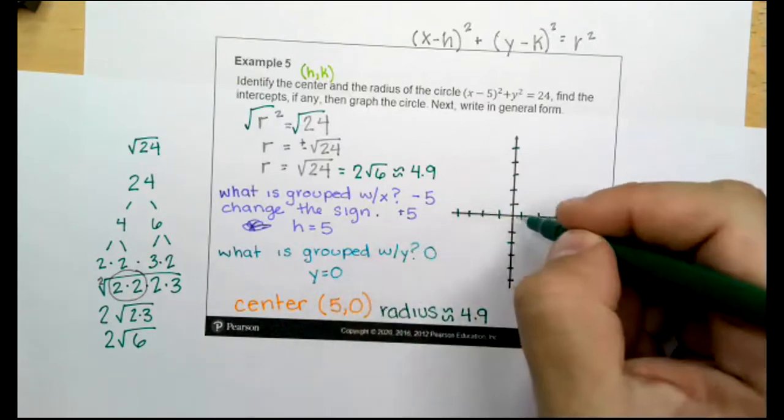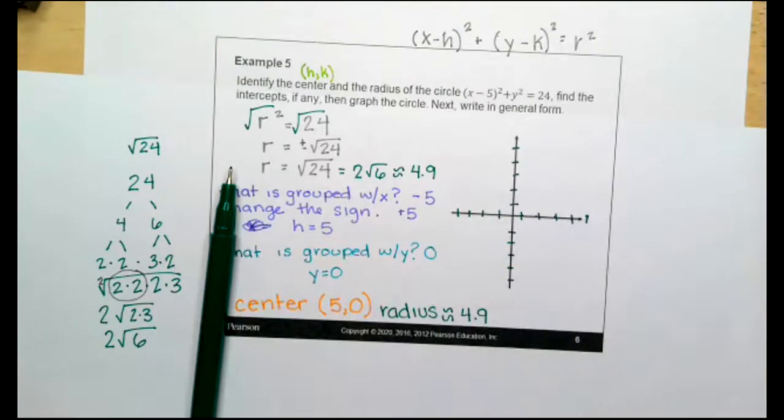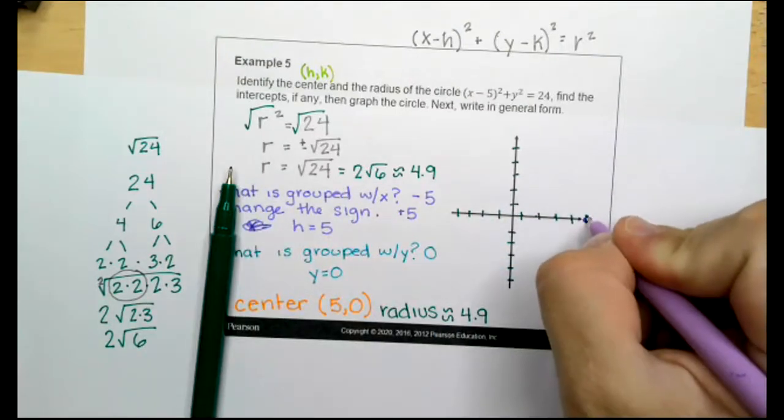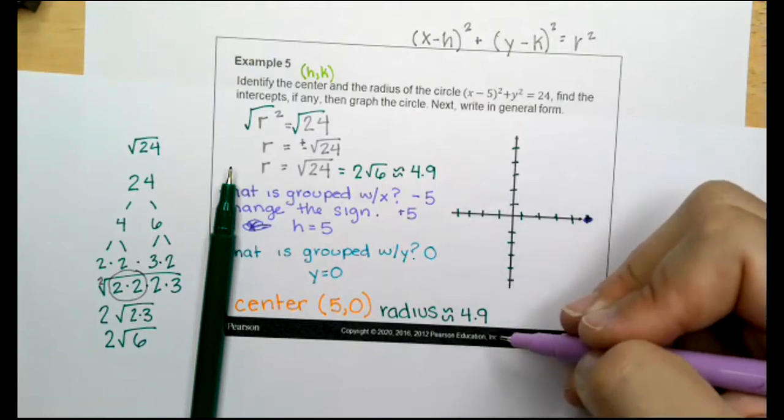5 on x, 0 on y. So that's my center. And in every direction, I need to go 4.9.